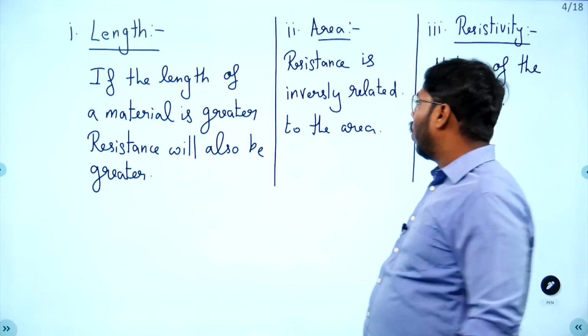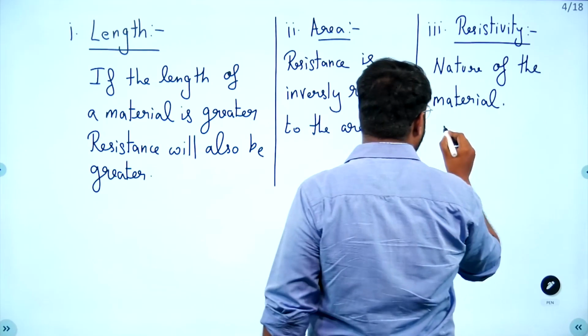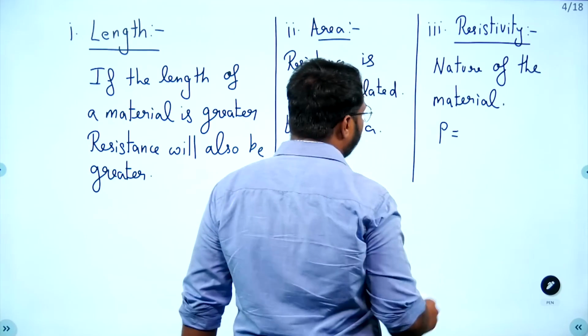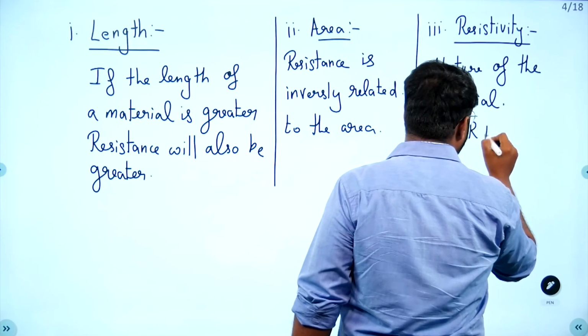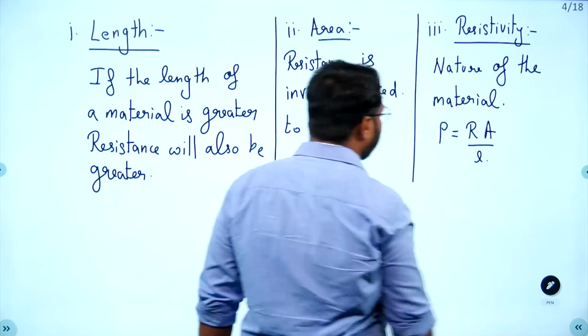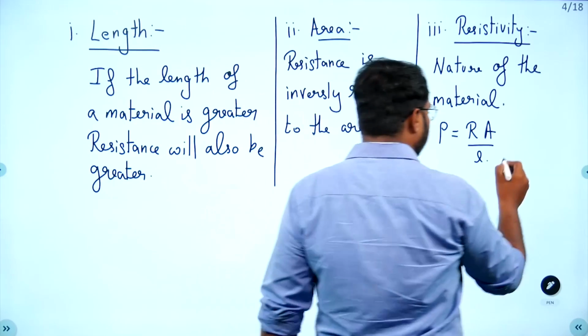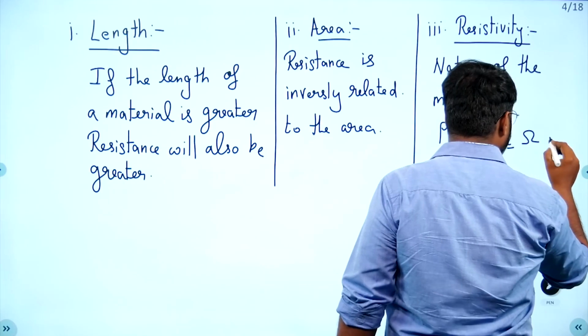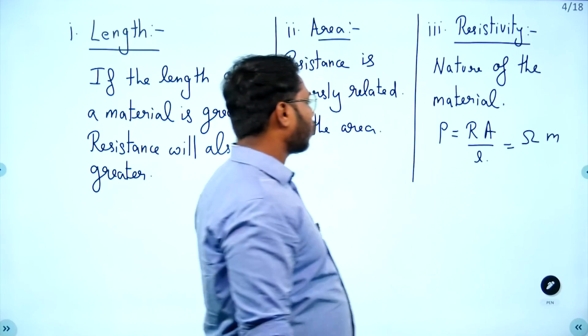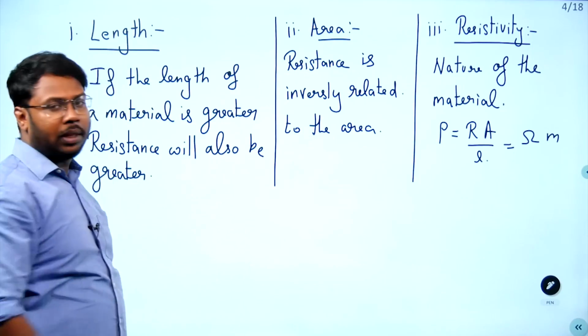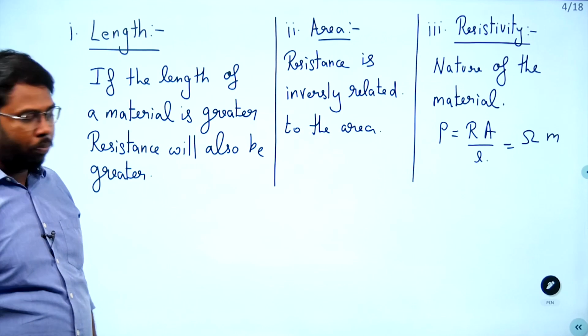So now, what is the unit of this resistivity? Rho is equal to capital R into A by L, which is equal to ohm meter. Okay, that is the symbol that I used to represent ohm.